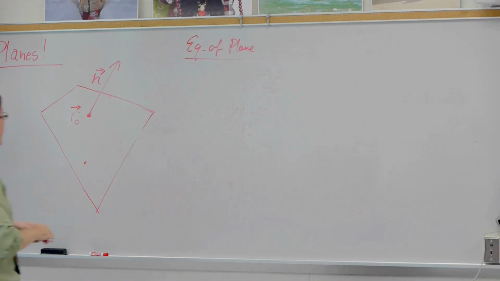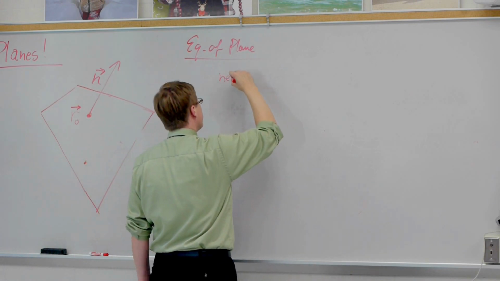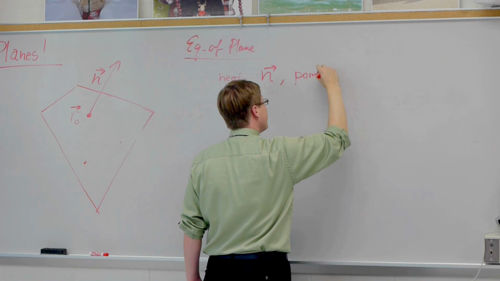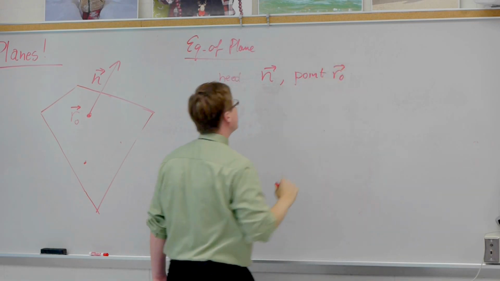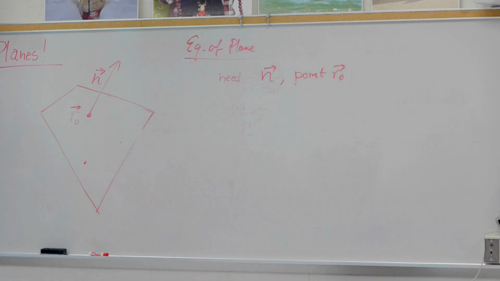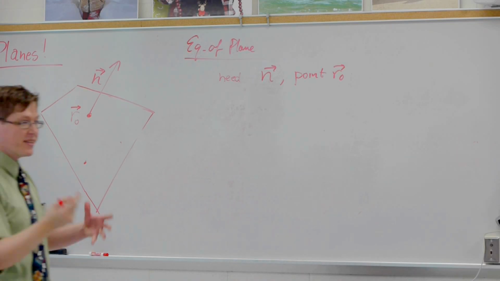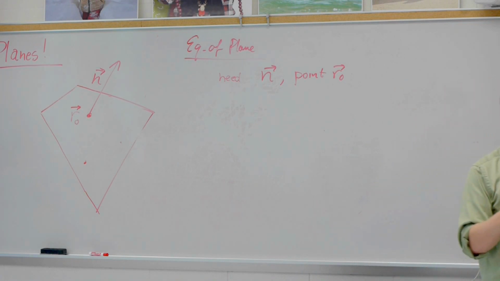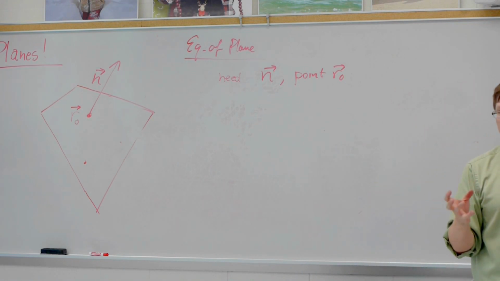So the equation of a plane, what do I need? I need a normal line and I need a point. And if you have a point and a normal line, you can define a plane. There's actually a term for it. It's called a dual. It's the dual of a line.